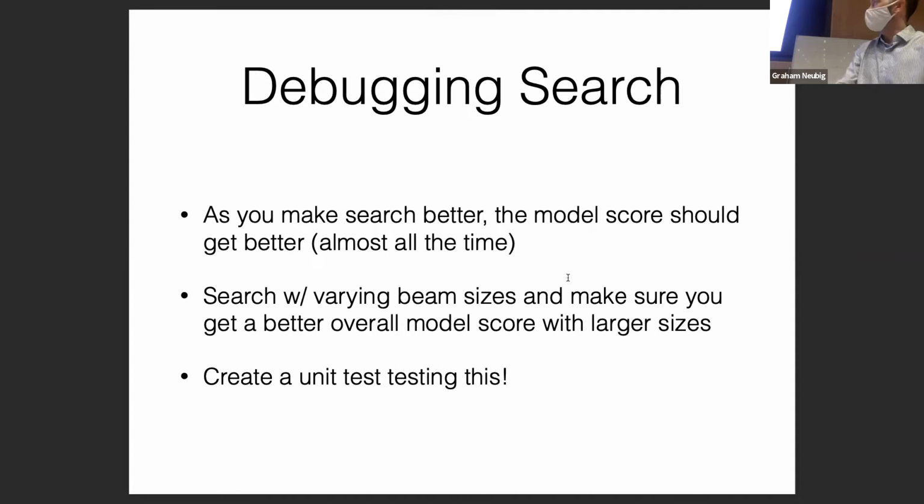Notably, this isn't always the case. Beam search can end up finding a worse hypothesis when you make the beam larger.